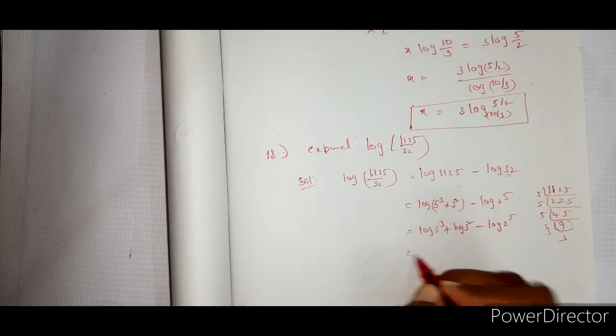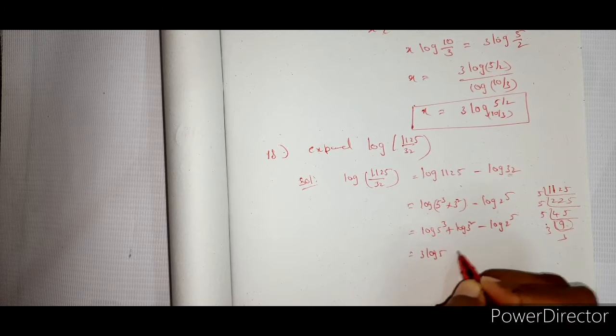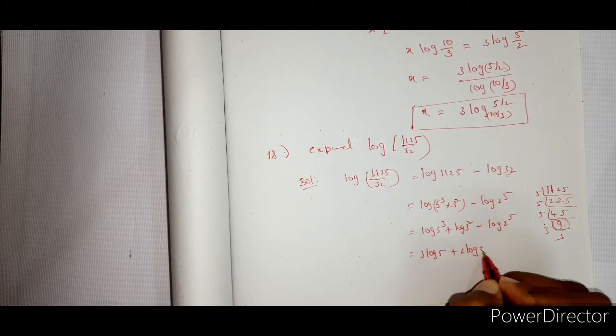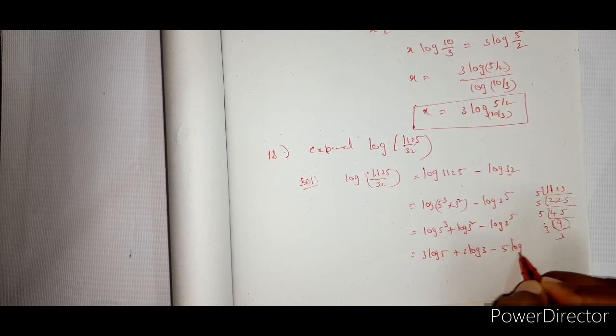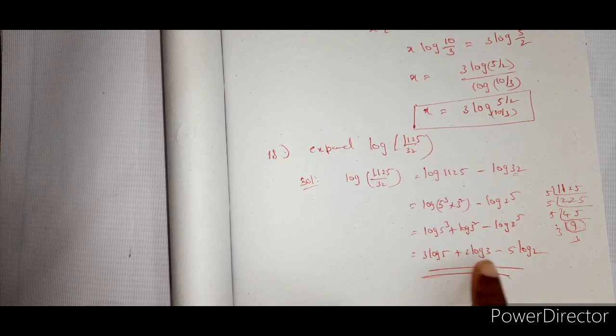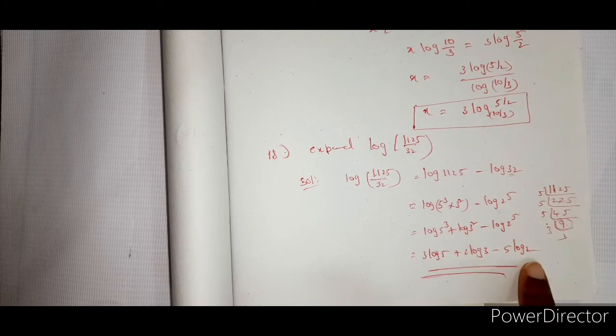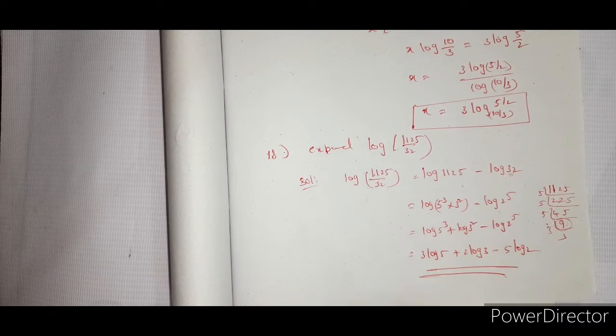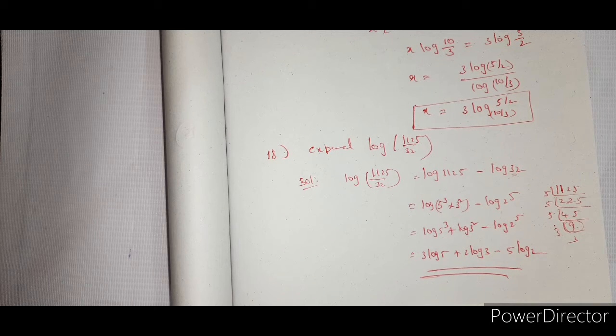Now what can we do? 3 log 5 plus 2 log 3 minus 5 log 2. This is the answer. This is how you have to expand, because further expansion is not possible anywhere. So this is the final expansion. Okay, so note it down.